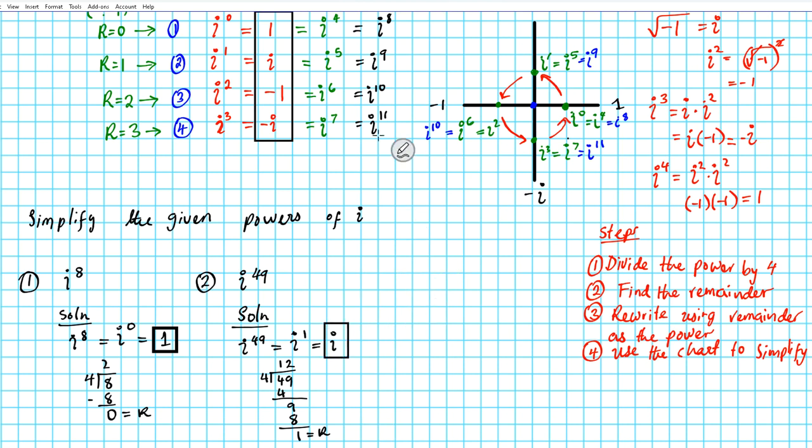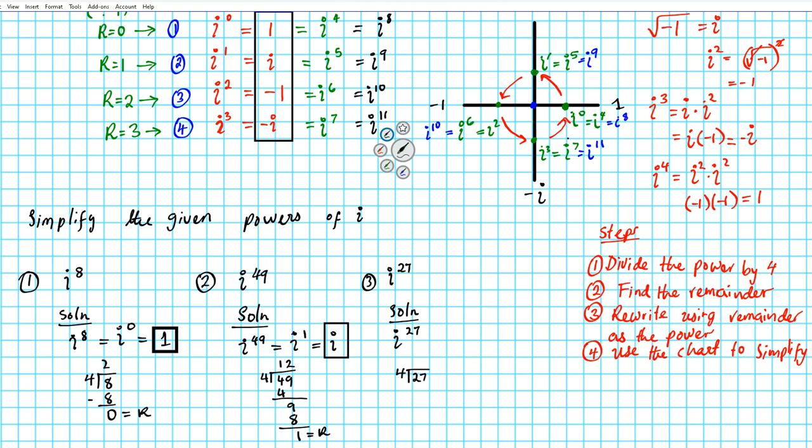Let's say you were to find i to the 27th power for number 3. i to the 27th power, we're going to follow the same steps. Step 1, you just divide the power by 4. The goal is to find the remainder, okay?